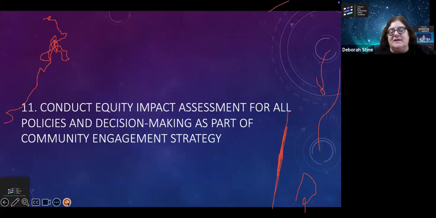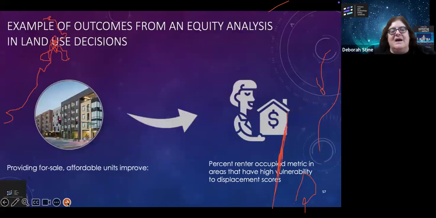Okay, so the next thing is to look at an equity impact assessment for policies and decisions. I'm going to go back to this Denver example. And so the plan of action was to provide for-sale affordable units, like apartment units.